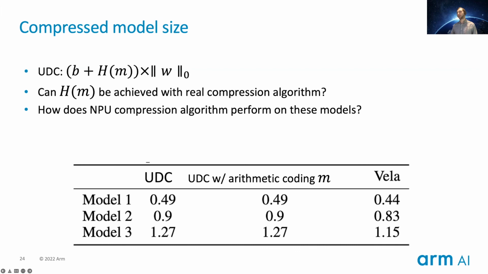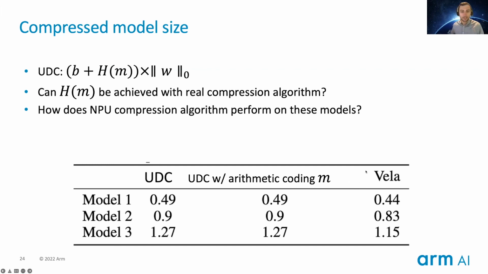You can see that there's not much of a gap when you actually allow the compression algorithm to take advantage of compressing both the mask and the quantized weights. So I think we're quite close.